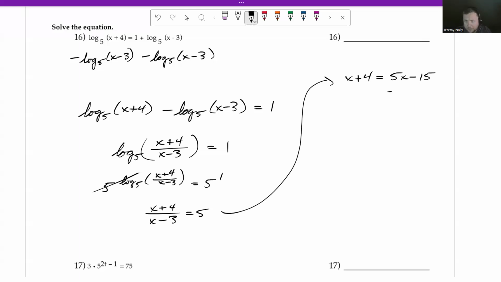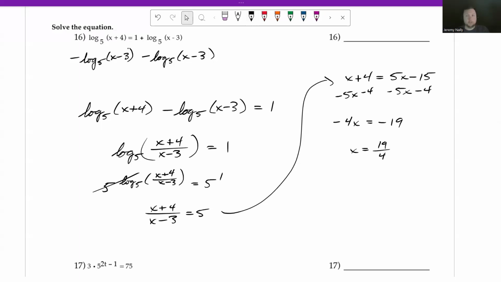Then I can subtract the 5x from both sides and subtract the 4 from both sides. So then I have negative 4x is equal to negative 19, and then x is going to be positive 19/4.